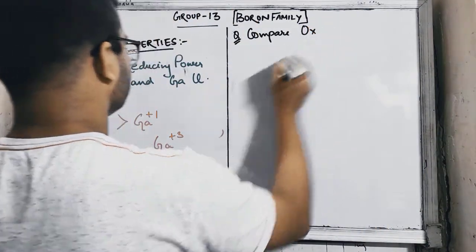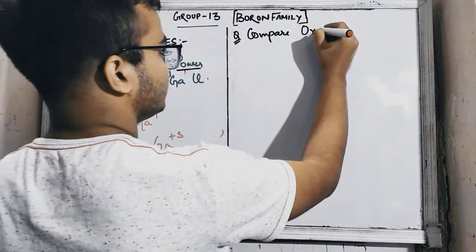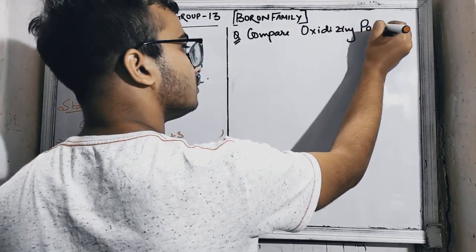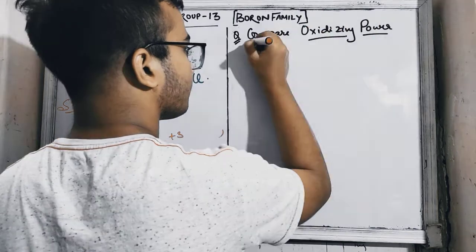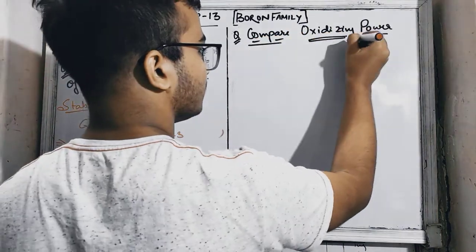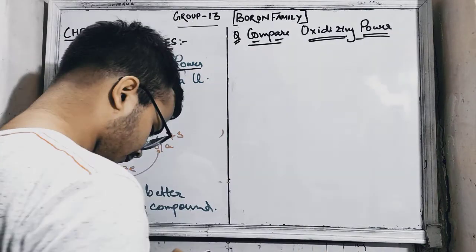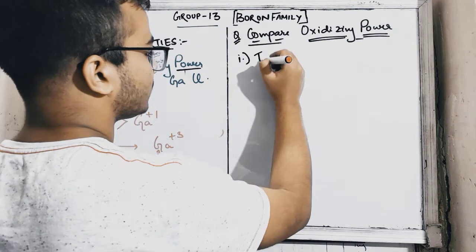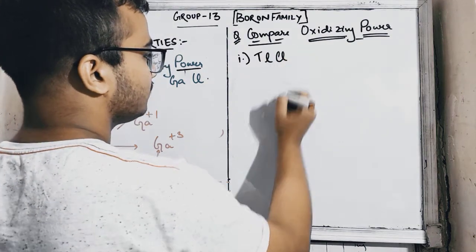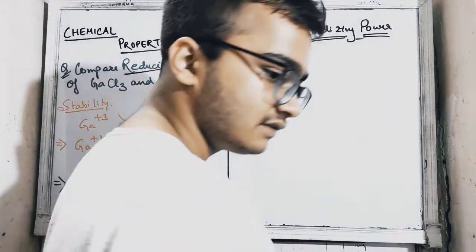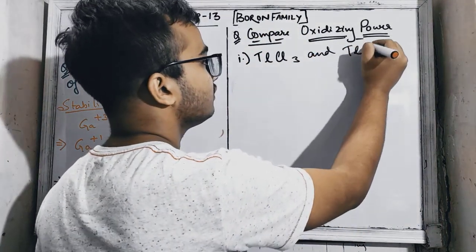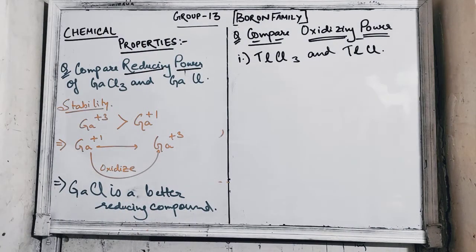This was reducing power and this is oxidizing power. Of TlCl3 and TlCl. Think again, pause and think.